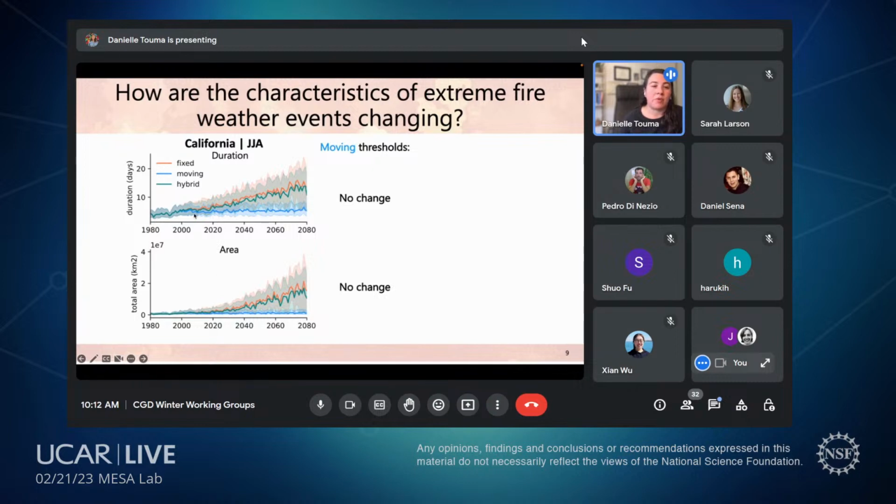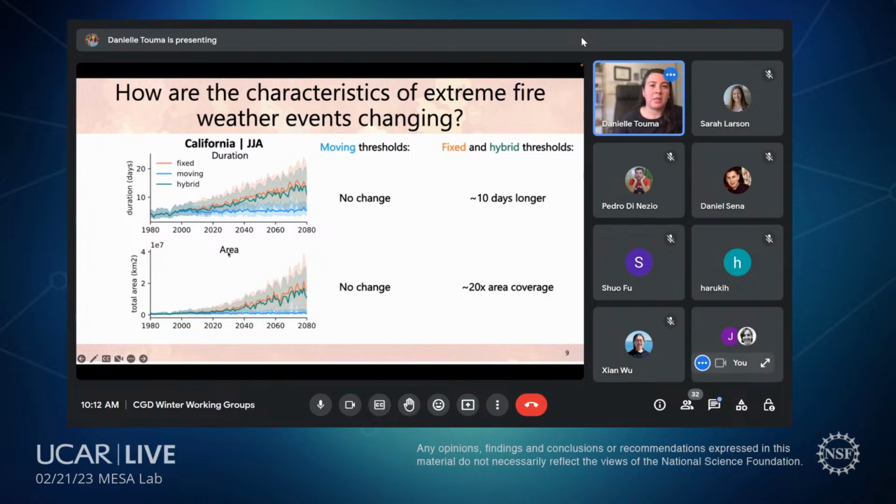So by allowing the extreme threshold to change in time and follow changes in the mean and the variability, we see no changes in these events. However, when we use the fixed and hybrid thresholds, we see that events are on average 10 days longer and covered around 20 times the area they would have compared to the historic period.